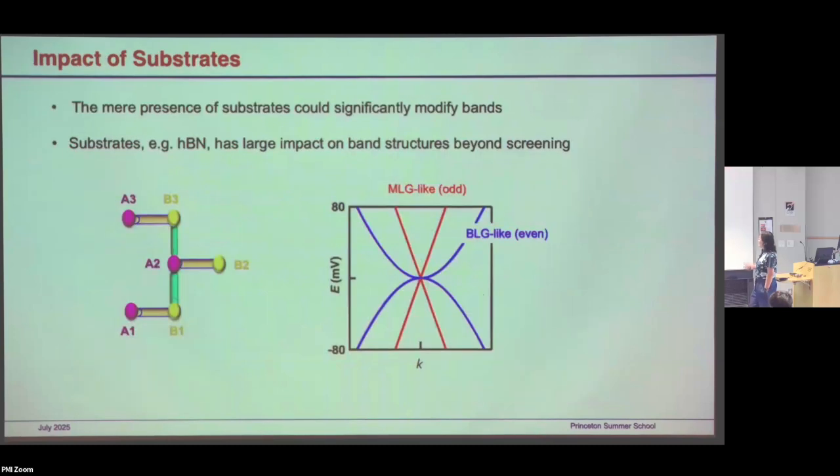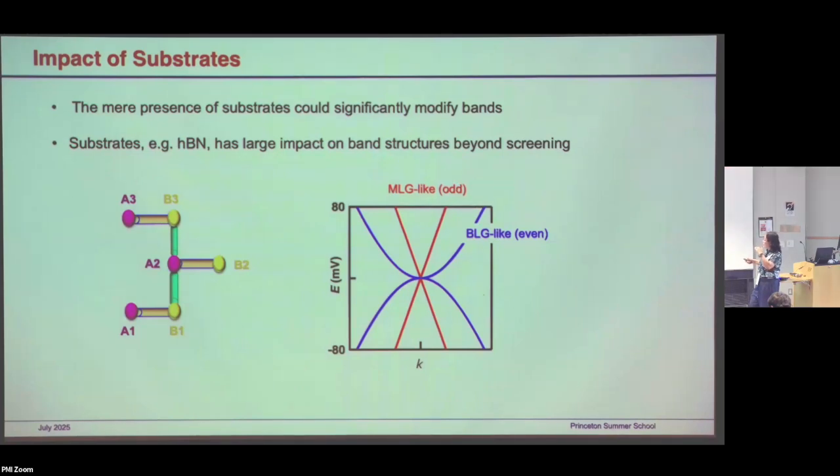So how do we see that? This case study uses ABA stacked trilayer graphene. In this case, there's the 2+1 model: you have a monolayer-like band structure and a bilayer-like band structure, which have different symmetry with respect to the middle layer.